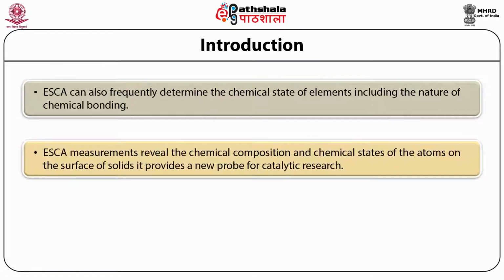ESCA measurements reveal the chemical composition and chemical states of the atoms on the surface of solids. It provides a new probe for catalytic research. ESCA is a very useful technique that is used very frequently for carrying out the analysis of the surface layers.